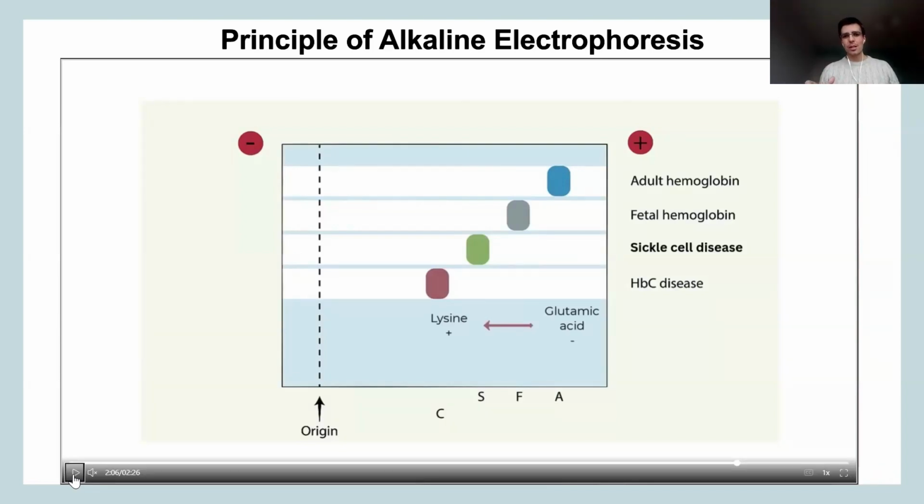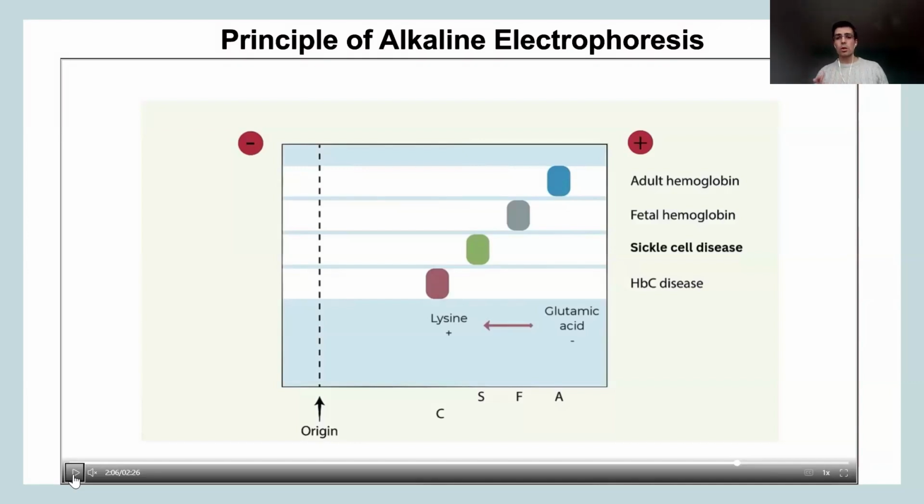So hemoglobin C disease, which again is a mutation in the amino acid, where you go from a glutamic acid, negatively charged like hemoglobin A that moves so much towards the end of the gel, to a lysine, which is more positively charged.